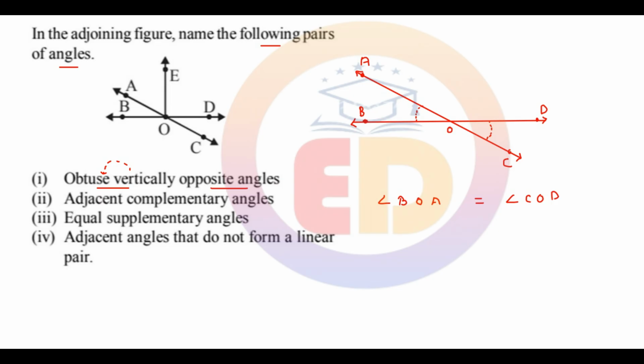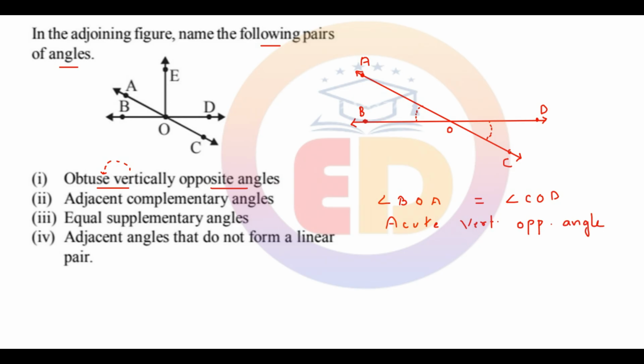Now if you analyze, these two angles are smaller angles, and we can say that these two are acute vertically opposite angles.